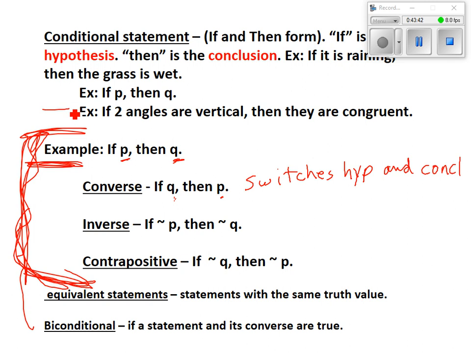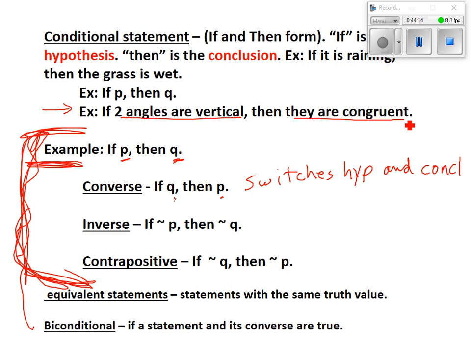So if we go back up to this one, what's our hypothesis in that statement? Two angles are vertical. What's our conclusion? They are congruent. Now, you do want it to make grammatical sense. You don't want it to be some ridiculous statement when you start switching this around. So when I switch this, what's it going to say? If they are congruent, then two angles are vertical.